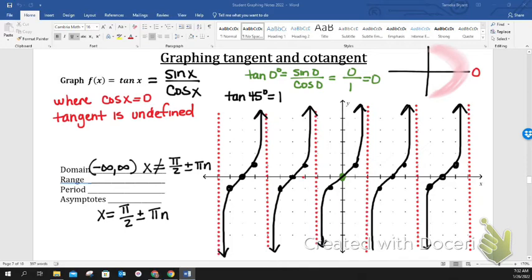Now, tangent, notice that we don't have a break in our y values though. So in our secant and cosecant, we had a break, which is why we had a union. But for tangent and cotangent, if you trace it up vertically, it's continuous. So our range is all real numbers.